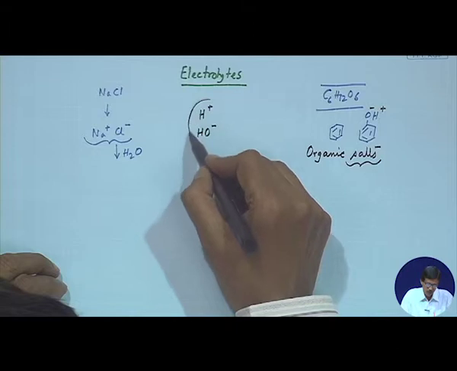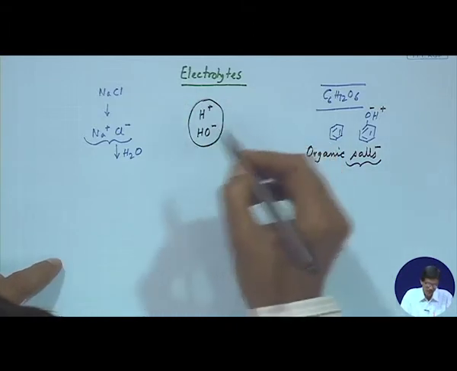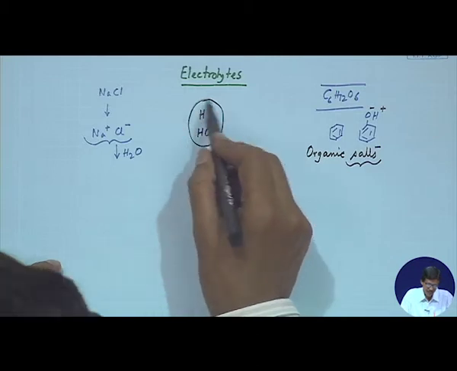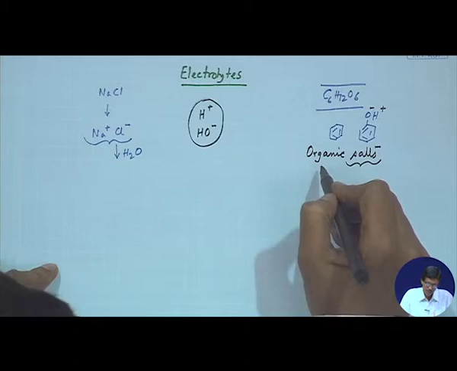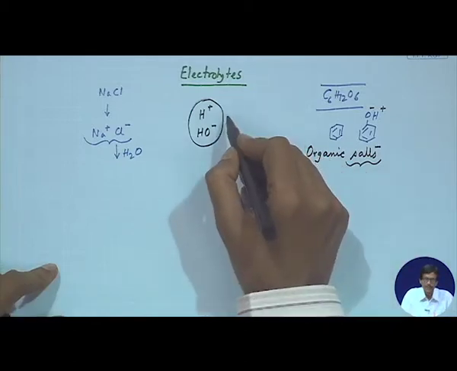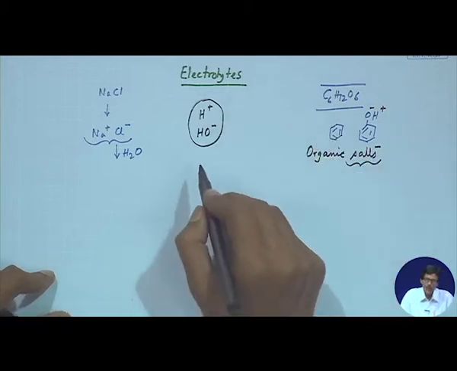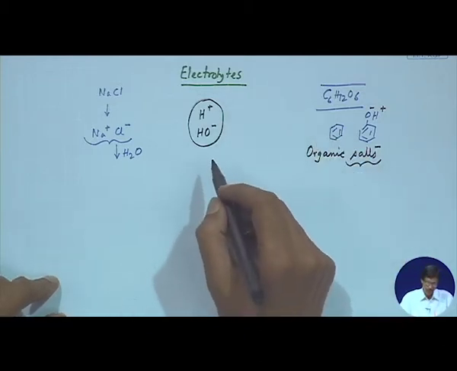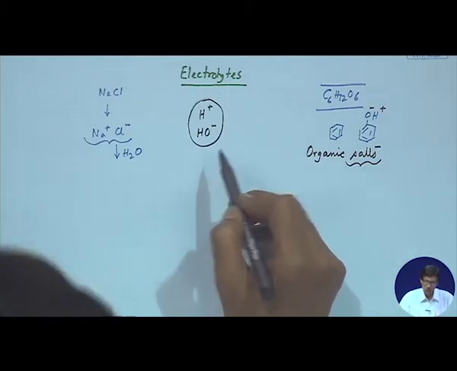This is your water medium, and if something is giving you H plus and something is giving you HO minus, that is an acid and the corresponding base. If they react together like A plus B forming C plus D, similarly acid plus base can react giving rise to salt plus water.